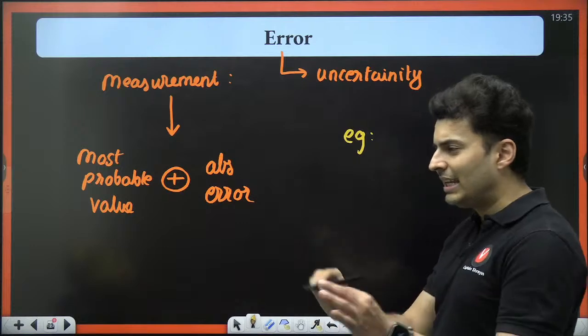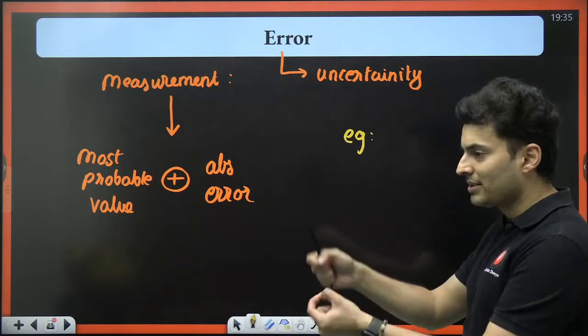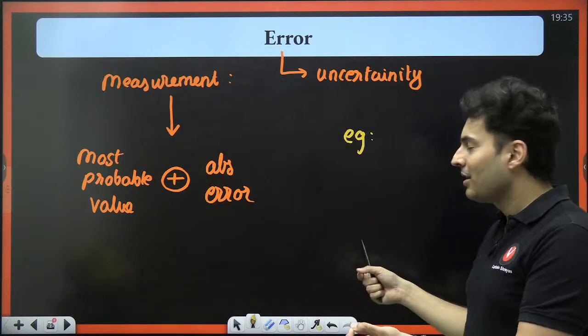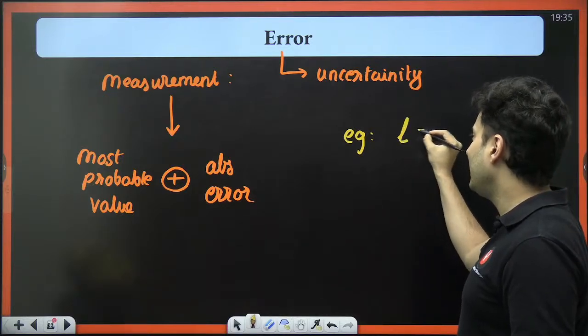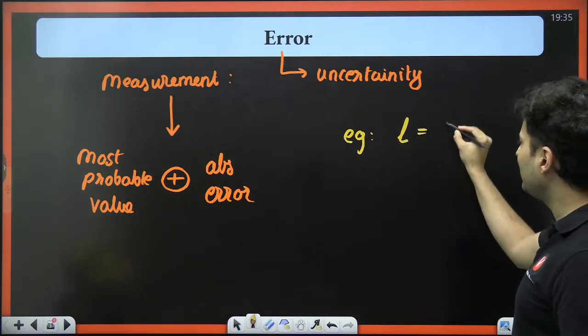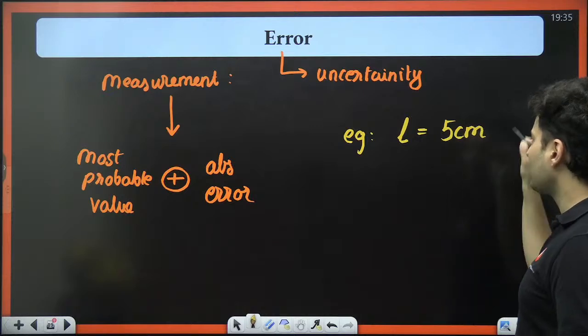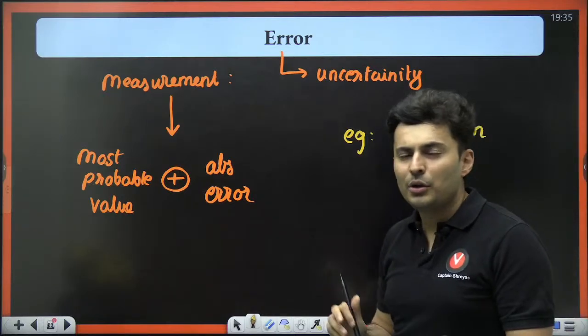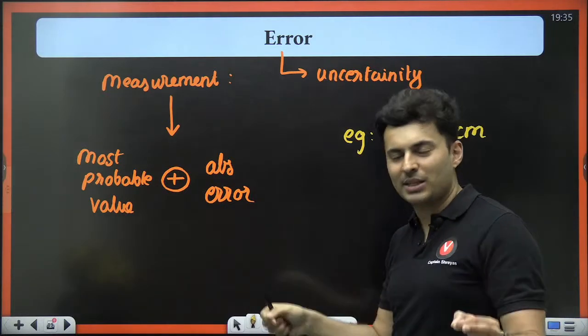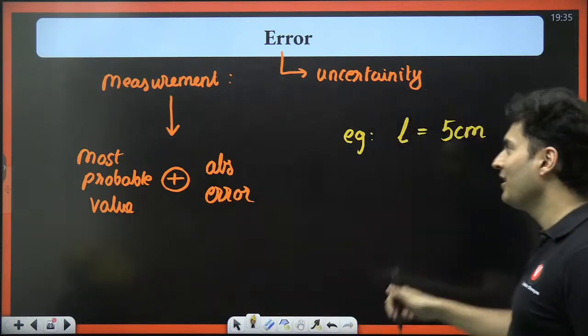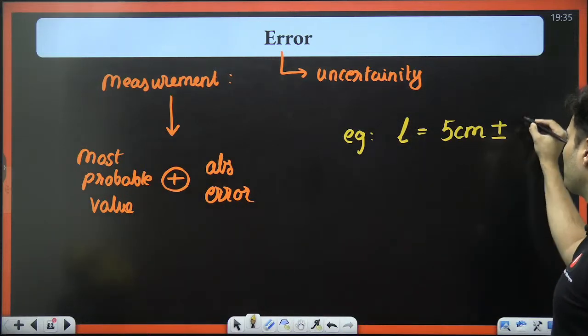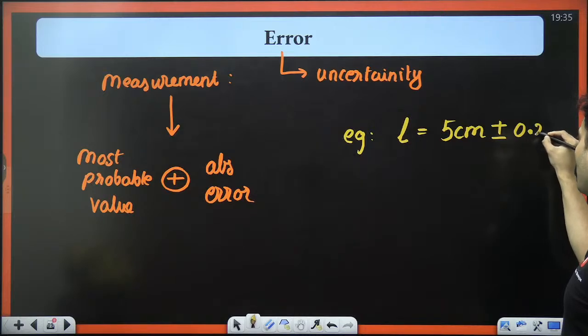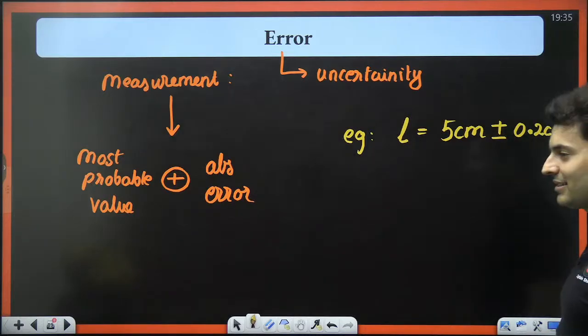Example, if somebody measures the length of some desk or some table or some pot, and they say the length is 5 centimeters, that is wrong, because you can never get 5 centimeters precisely. There will be some margin of error. So you will put this as plus or minus. Maybe the margin was 0.2 centimeters.